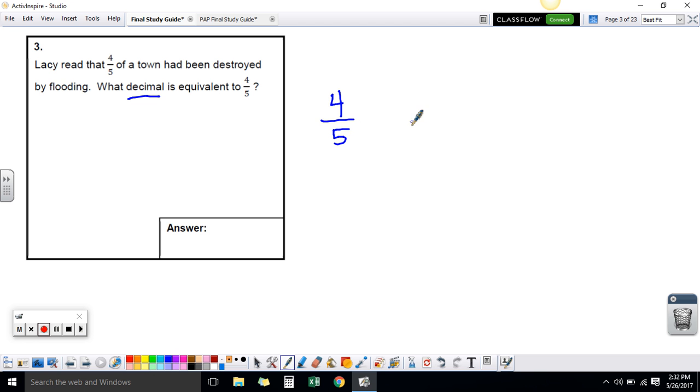So can I turn this 5 into a 10? Absolutely. 5 times 2 is 10. If you multiply the bottom, you multiply by the top. 4 times 2 is 8. So we've got the fraction 8/10. But remember, the question asked for a decimal, so 8/10 as a decimal looks like 0.8. And so our answer is 0.8.